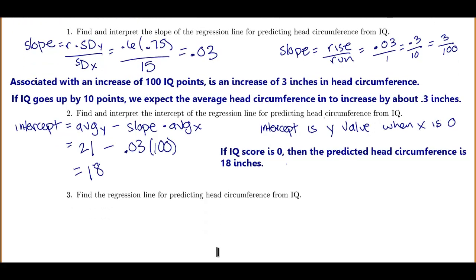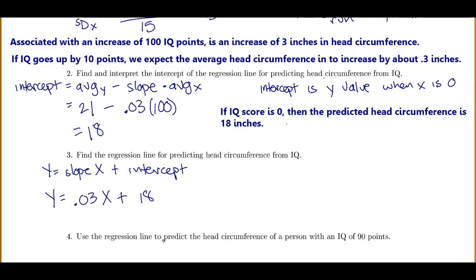Number 3, let's find the regression line for predicting head circumference from IQ. Now we just need to write the equation of the line. y equals your slope times x plus the intercept. So y equals our slope of 0.03 times x plus our intercept of 18.